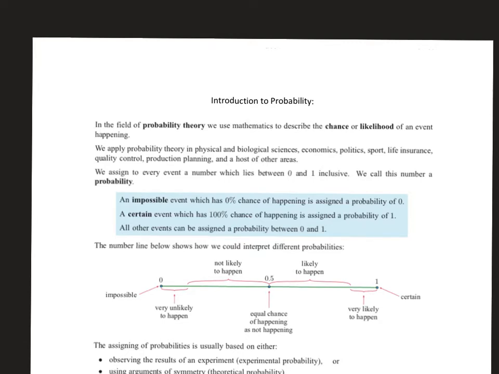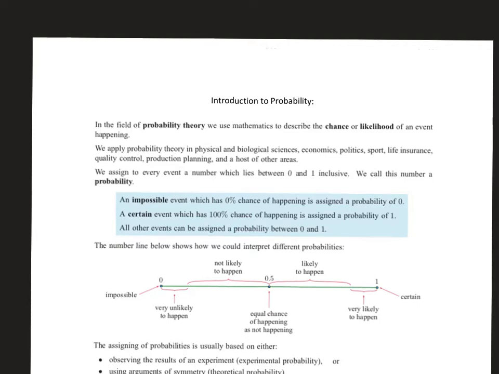All right, so some basic things about probability that you already know from MYP and your studies of probability in grade 6, 7, and 8. So what is probability? Well, probability is a field of study where we describe the chance or likelihood of an event happening.